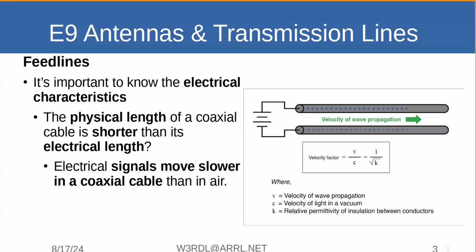And the way they define characteristic impedance, if you have an infinitely long piece of that transmission line, the impedance you see is called the characteristic impedance. It doesn't matter if it's open or shorted at the other end, if it's infinitely long.